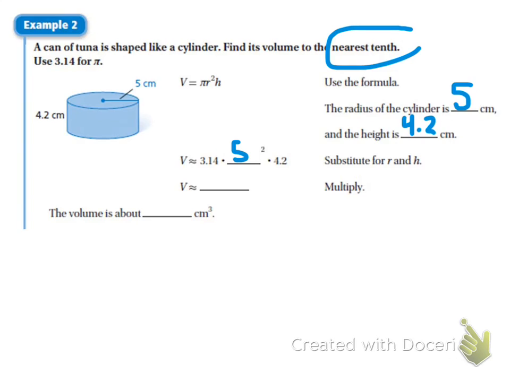Thank you, Dylan. So 25 times 3.14 times 4.2. And our answer is, Brandon? 329.7. That is correct. 329.7 centimeters cubed. That is to the nearest tenth.